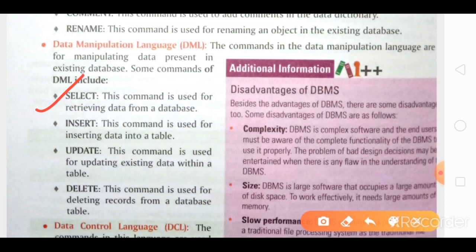Select the students who performed in co-curricular activities last year. So when we need to select data depending upon any criteria from the table or the database, then we need the select command.